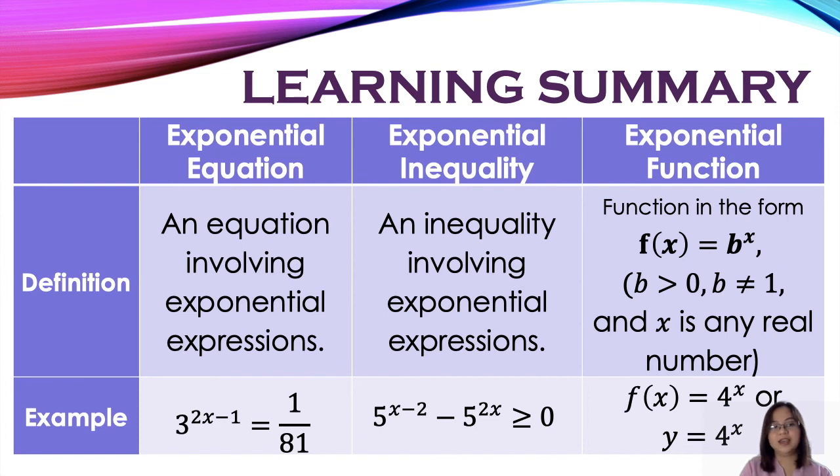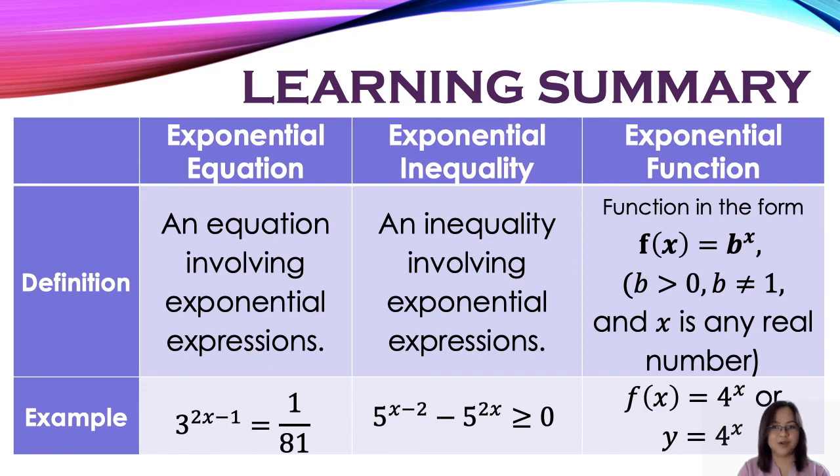The only difference: in the exponential equation, there is an equal sign and there is one variable. For exponential inequality, there is an inequality symbol. And for the exponential function, it is in the form f of x, or we can say y, is equal to b to the x.